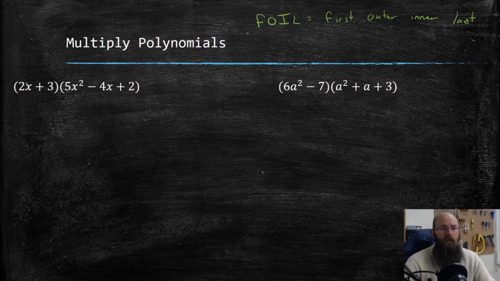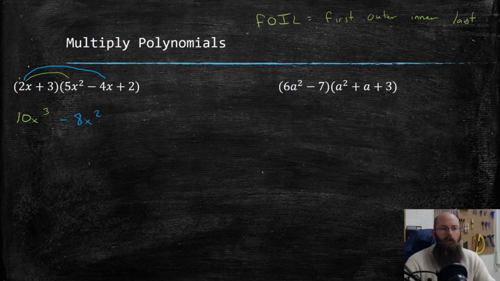So I'm going to take this 2x and I'm going to distribute it to all of this in the second set of parentheses here. And that gets me 2x times 5x squared is now 10x to the third. Now I do my next term, 2x times the negative 4x, and that gets me a negative 8x squared.